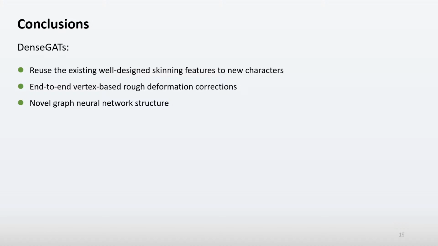There are also a few limitations and potential improvements that could be addressed as future work. First, the network generalization ability is substantially dependent on the character mesh information. In the future, we would like to design a more effective feature representation method to express the graph information.